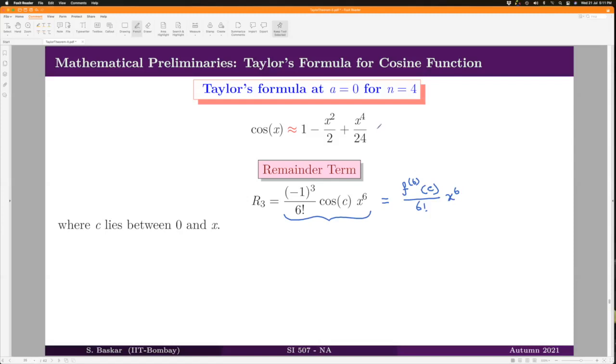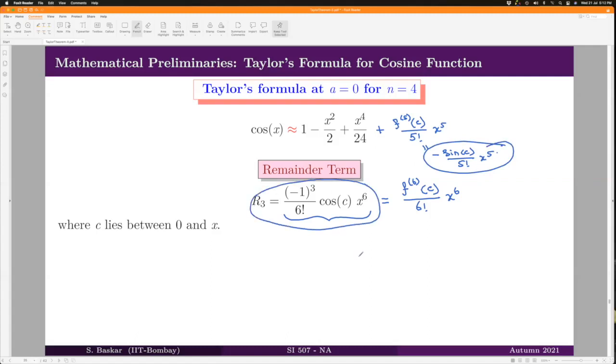Recall from the statement of Taylor's theorem, we are supposed to have f5 of c by 5 factorial into x to the power of 5, and that happens to be minus sine c by 5 factorial into x to the power of 5. In fact, in many calculus books and also real analysis books, they write this as the remainder. However, from the numerical analysis point of view, we prefer to take this as the remainder.